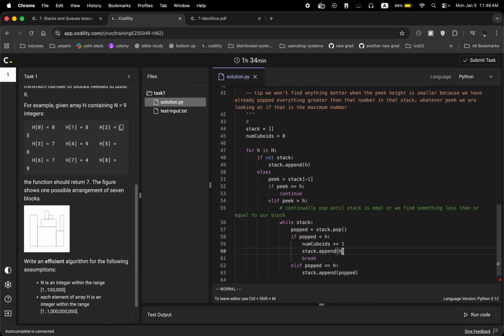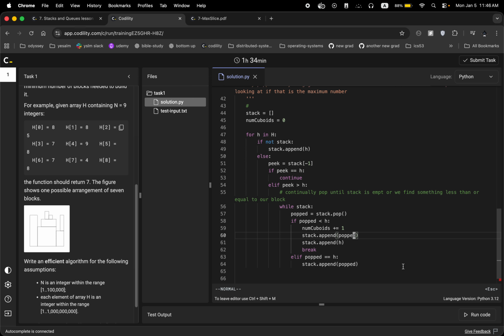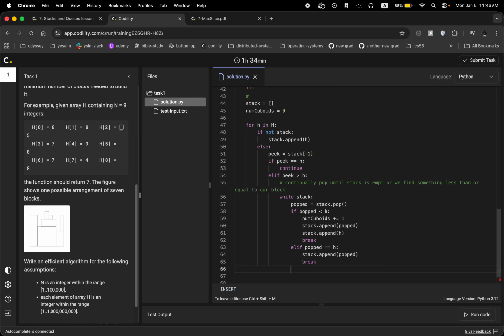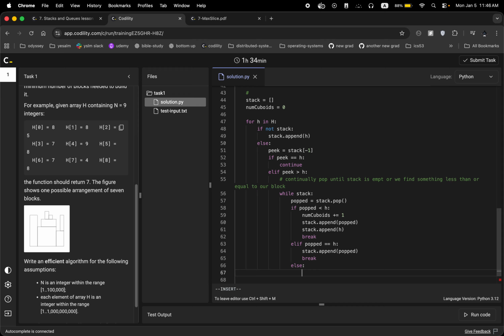So in this case, do we append it into the stack again? Do we need the 5? Yeah, I think we do. Stack.append(popped). Else, this is the case where we just keep popping them.